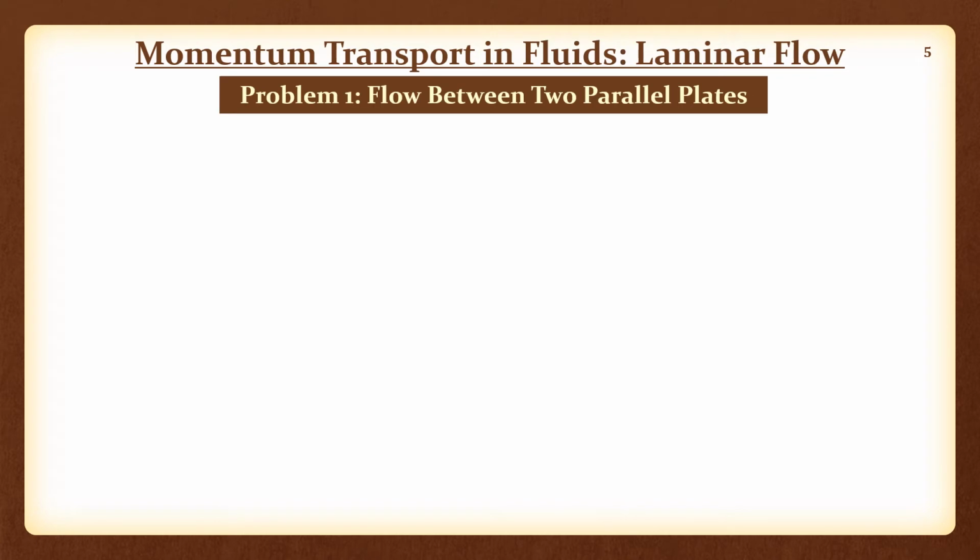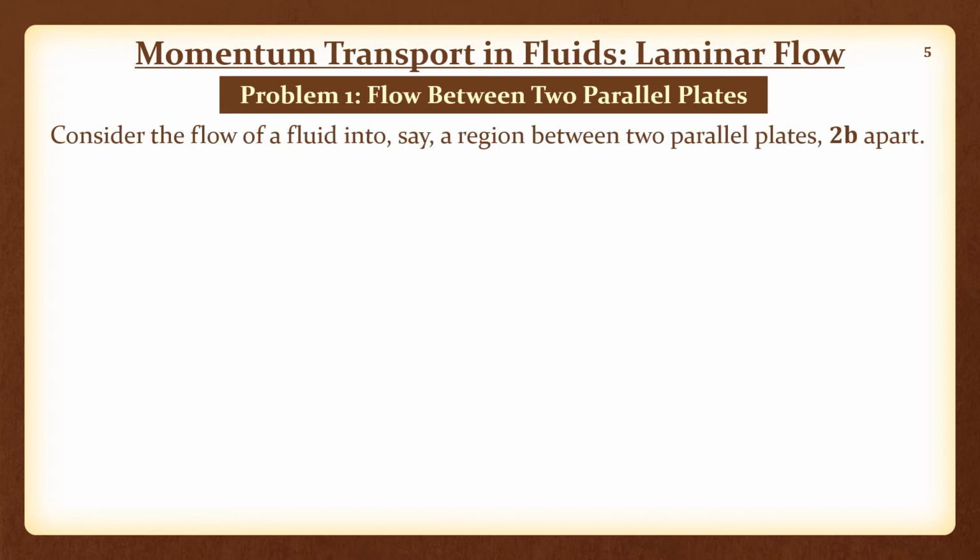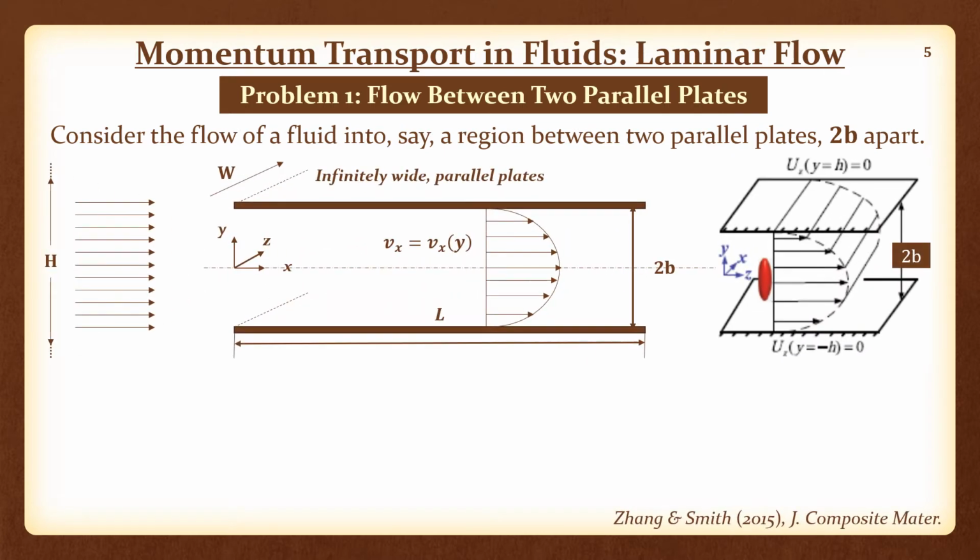Now let us come to laminar flow. This is one type of fluid flow, and we are going to look at flow between two parallel plates. Consider the flow of fluid into a region between two parallel plates that are a distance 2b apart, and look at where the coordinate system is placed. The center line between the two plates, at the entrance, is where the origin is placed, and the direction of fluid flow is the x-axis.